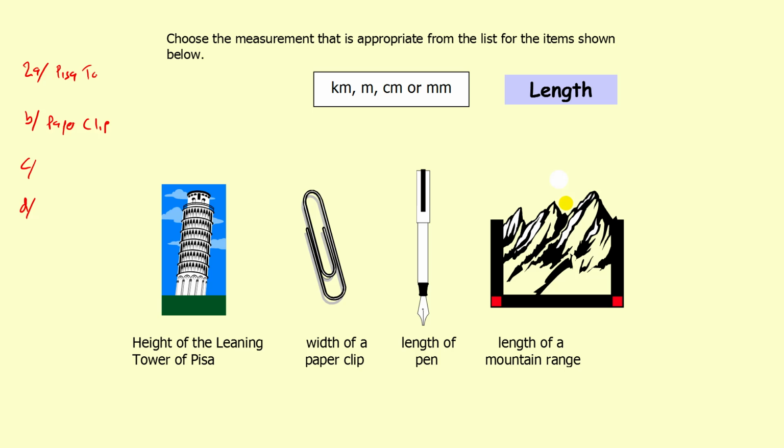Let's put Pisa Tower so we know what we're talking about. Pen. And the length of a mountain range. So hit pause, put in your answers. When you're ready, hit play and we'll go through them together.